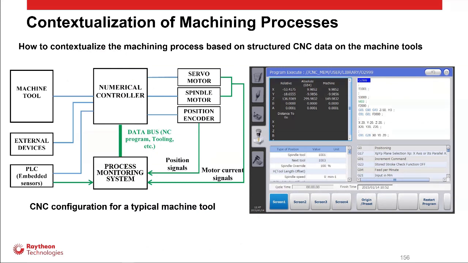Together with that, there is other data, such as tooling information, embedded sensor information, and external PLC data. So lots of data there. It is organized with position and motor current signals, and also the CNC program. So basically it's organized motion by motion.